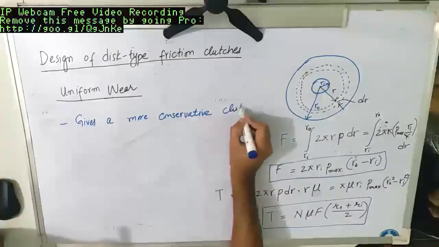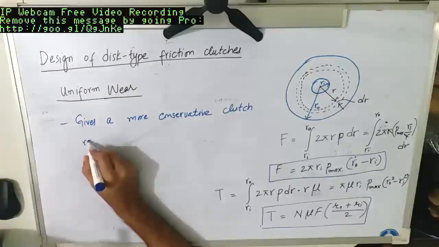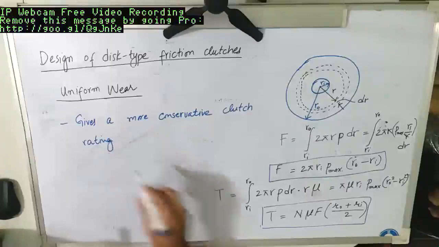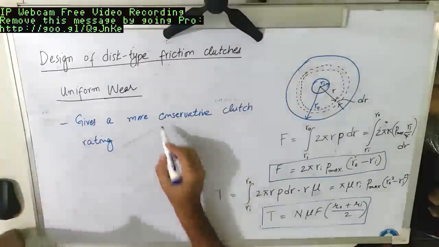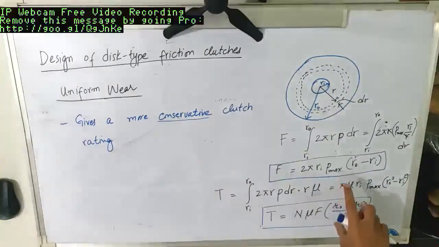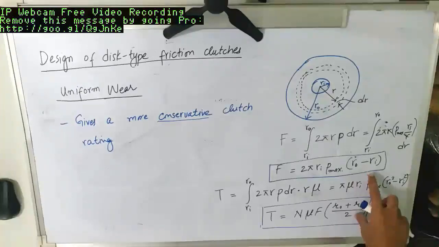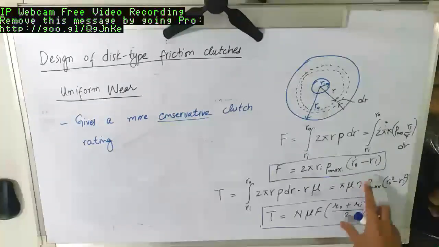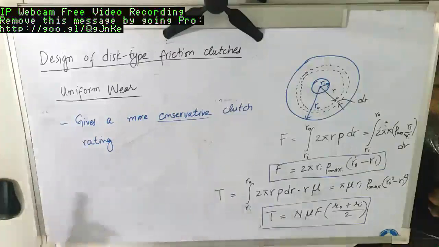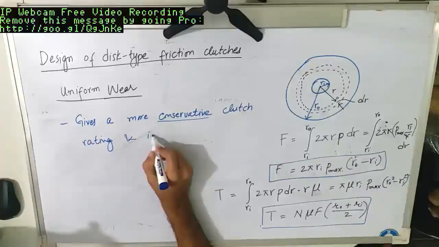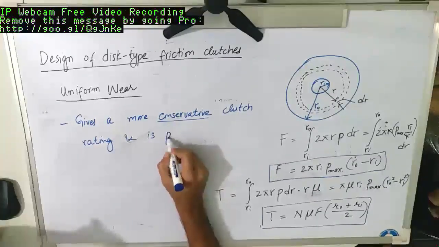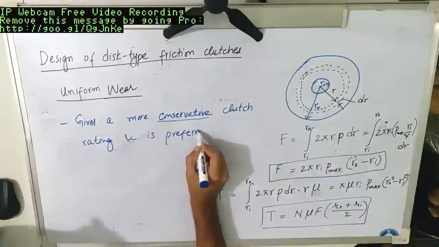So it means that if we use this model and calculate the number of clutch surfaces or the size of the clutch, this set of formulas will give us a larger value of the size of the clutch. So it is more conservative. We call it more conservative, meaning it will give us a larger value. And it is actually a preferred design model by the designers.